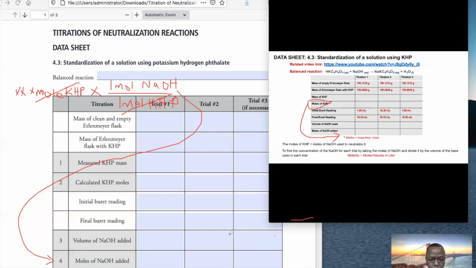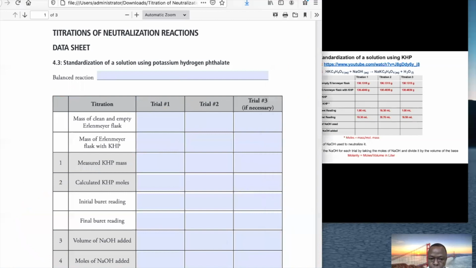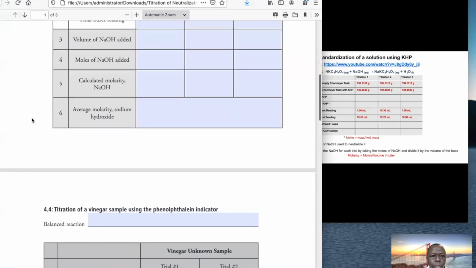All right, what I'll do is clear everything here and move on to the second part. Once we know the number of moles of NaOH for each trial, now the molarity of NaOH, you have to use the equation we looked at from here.